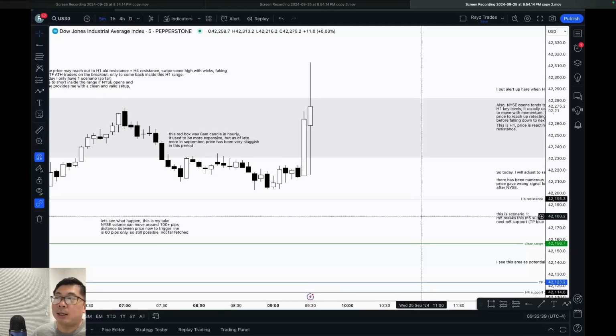I might take a position even before that confirmation candle breaks my clean range line.